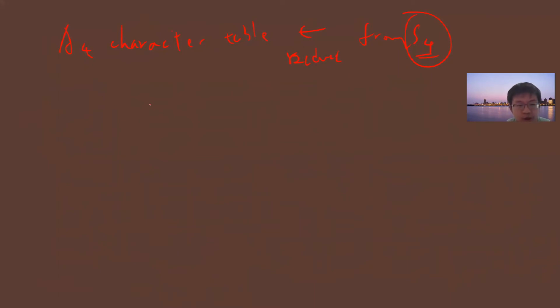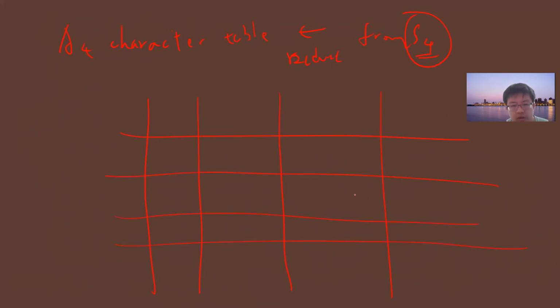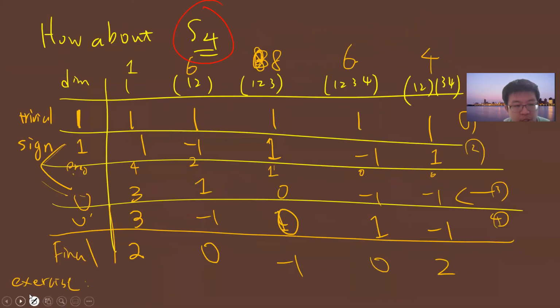Okay, so let's write down A4. You're going to get the identity and also the two original odd and even permutations. So this is odd, and this guy is even.